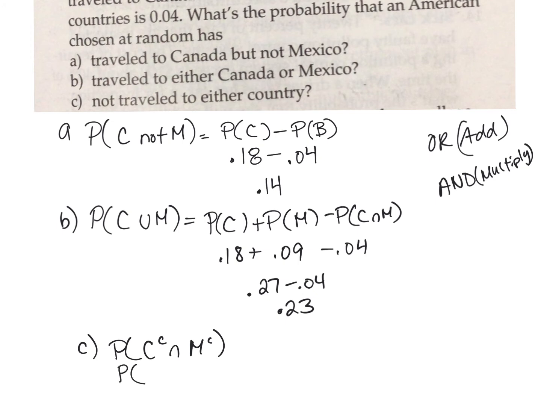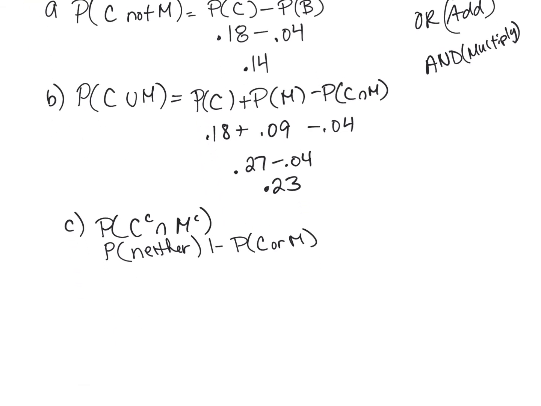So the probability of neither is 1 minus the probability of Canada or Mexico. So that's 1 minus 0.23, 0.77. Okay. So the probability of neither is 1 minus the probability of either, right? One or the other. So that was that example.